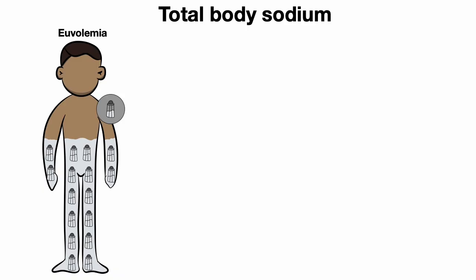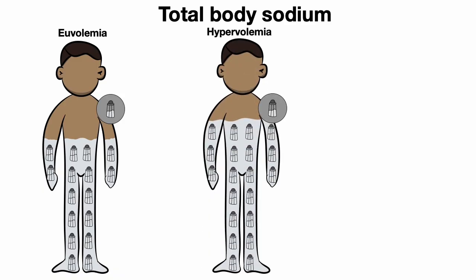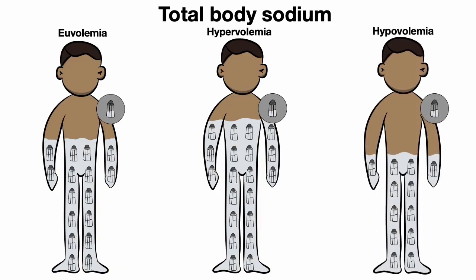If a patient is hypervolemic, like in kidney failure or heart failure with edema, we know that they have high total body sodium. If a patient is hypovolemic, as in someone with high volume losses with diarrhea or vomiting, they have a low total body sodium. The serum sodium measurement, or lab value, is a concentration of sodium per liter of water. Therefore, it tells us nothing about total body sodium.